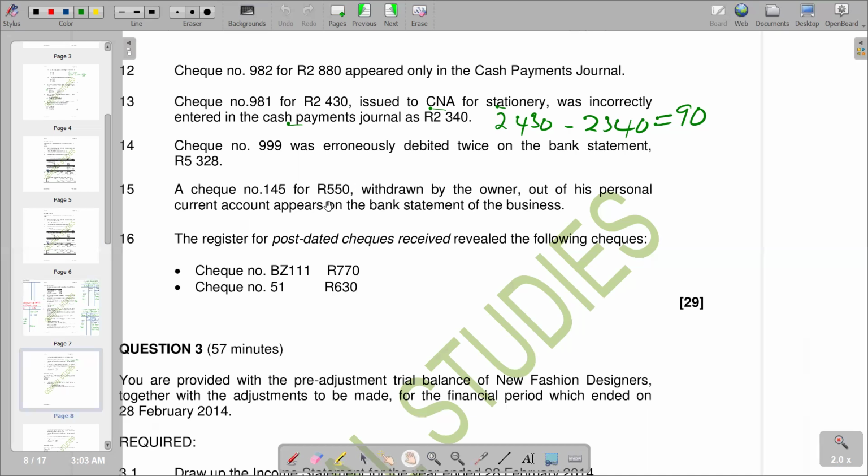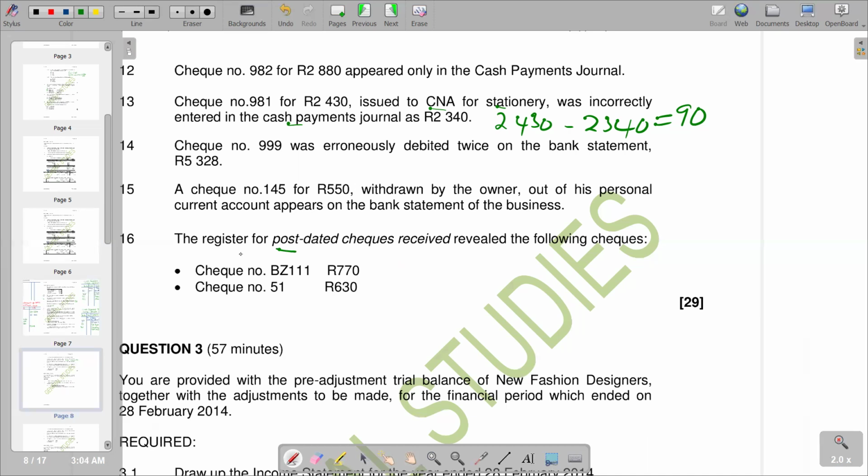So we see that we are now on the last one. The register for post-dated checks received reviewed the following checks. So post-dated checks, we have got check number BZ 111 770. Check number 51 630. So these post-dated checks, we are not going to record them. Why? Because they are there in the register, but they are not yet issued for payment.